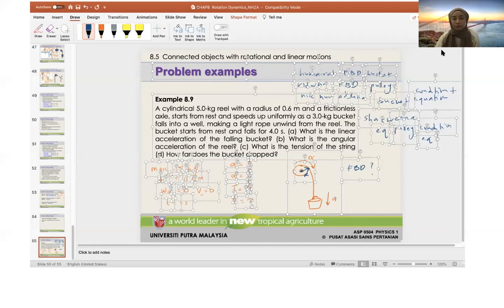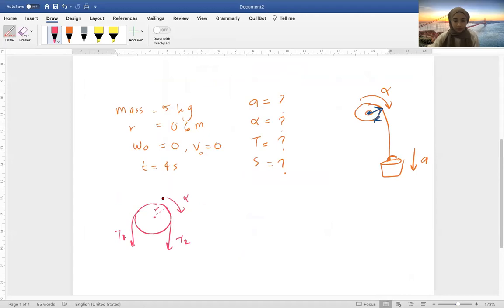Doktor tengah buka Word ke? Sorry, saya tak share. Sorry, forgot. Thank you for letting me know. Okay. So kat sini sepatutnya kalau nak lagi complete, Ridwan should have labeled the angular acceleration direction clockwise. So this is the one missing.